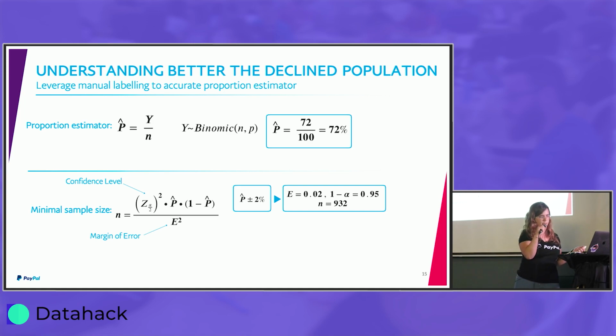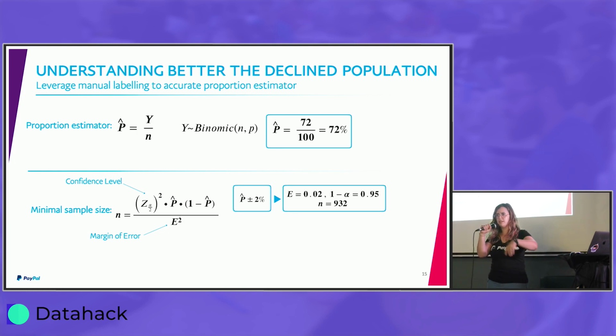So in this example, let's say that I want to estimate my proportion at a confidence level of 95%, where my margin of error is plus minus 2. So I'm using this equation, and I see I need 932 cases.